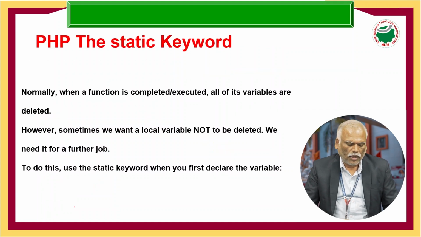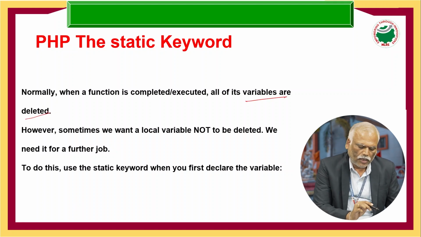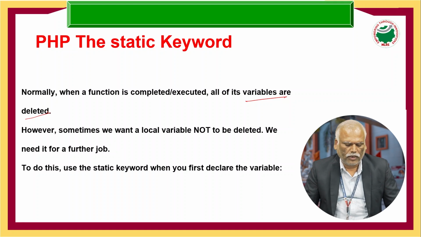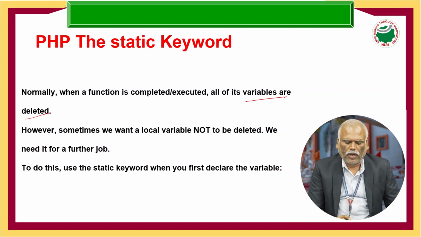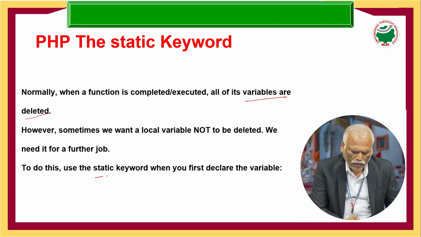Next, static. Normally when a function has completed execution, all of its variables are deleted. If we need to access a variable after execution, we need to declare it as static. Sometimes if you want a local variable not to be deleted because we need it for the job, we do this by using the static keyword.